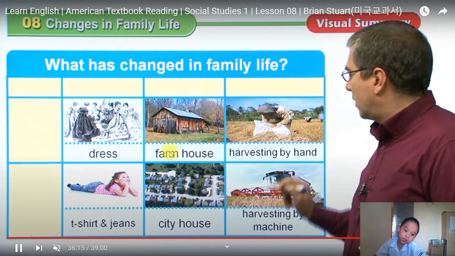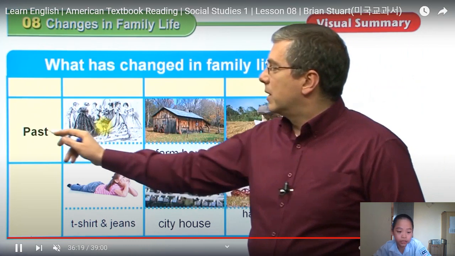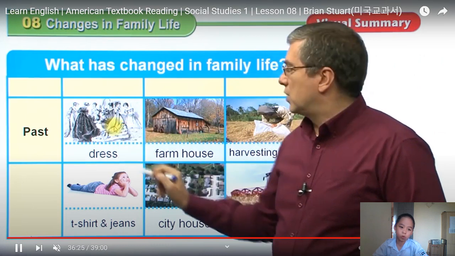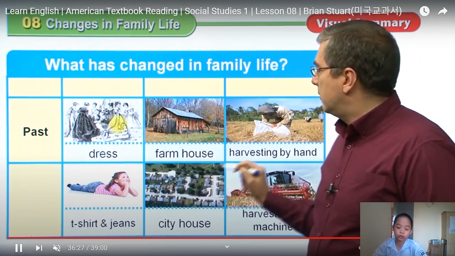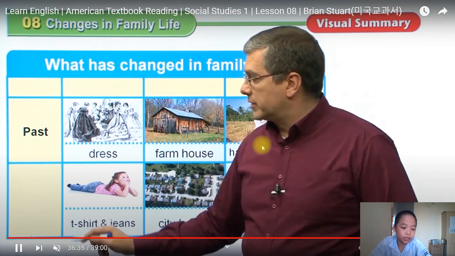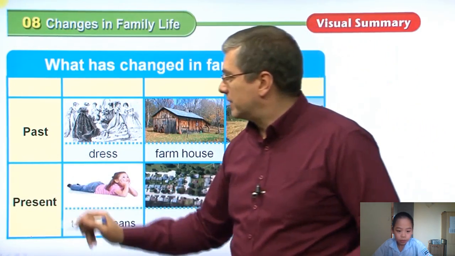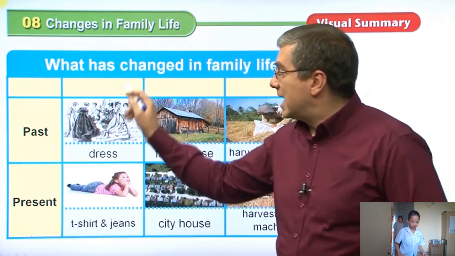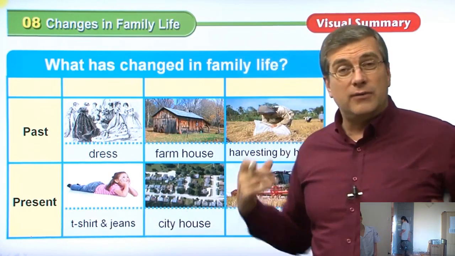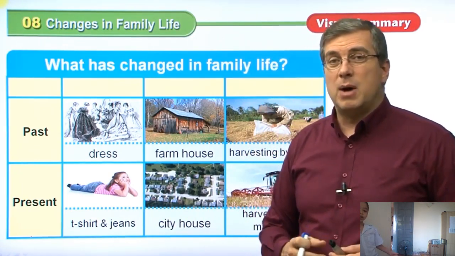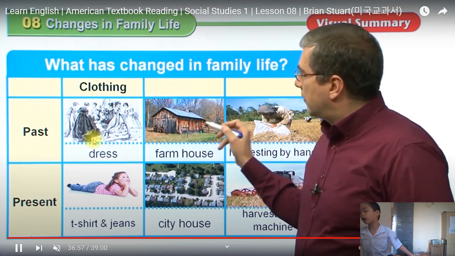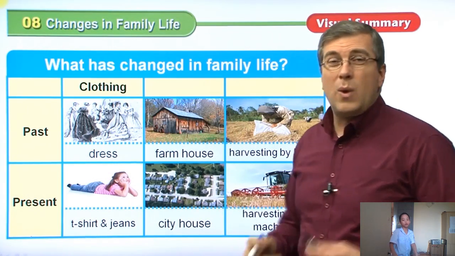Here we have past and present. In the past, people wore dresses, only dresses. But in the present, people wear t-shirts and jeans, and they also wear dresses too. Dresses, t-shirts and jeans are clothes. So the first one will be clothes.